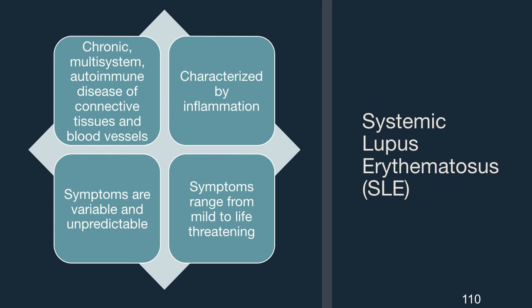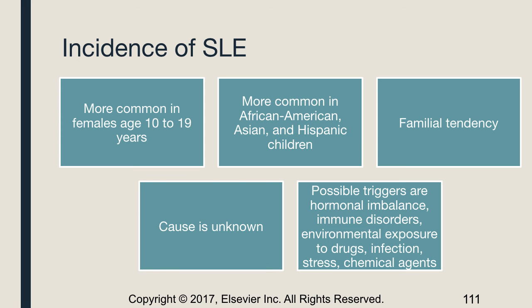It's characterized by inflammation, and the symptoms are varied and unpredictable. The symptoms range from mild to life-threatening. The incidence of SLE is more common in females ages 10 to 19. It's also more common in African American, Asian, and Hispanic children. There does tend to be a familial tendency, even though we say that it's an autoimmune disease.